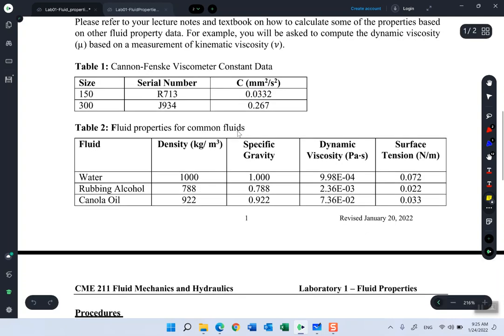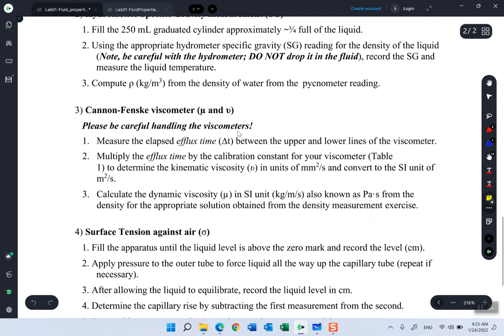Great, so if you remember, at the beginning of this lab, I said we have 2 different viscosities. We have the kinematic and the dynamic viscosity. The kinematic viscosity is called a primary dimension, which means that you can measure the kinematic viscosity. But the dynamic viscosity is a secondary dimension.